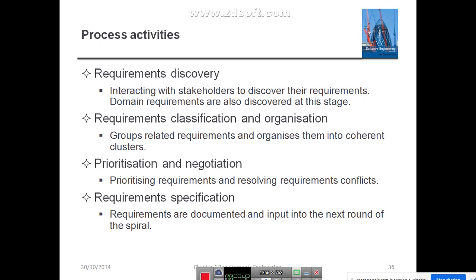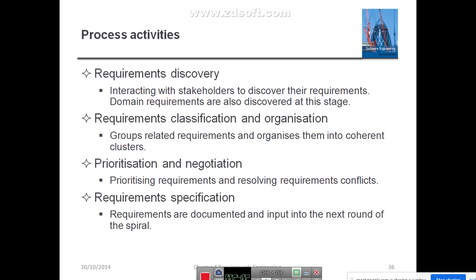Along with that, which application domain you are going to use, that also you are going to discover within the requirement discovery itself. Clear? Requirement discovery means interacting with the stakeholders to discover their requirements.